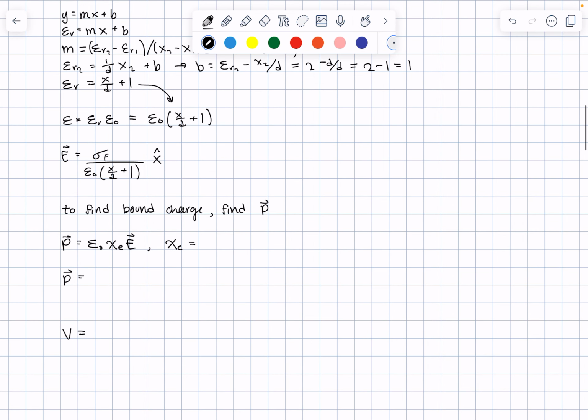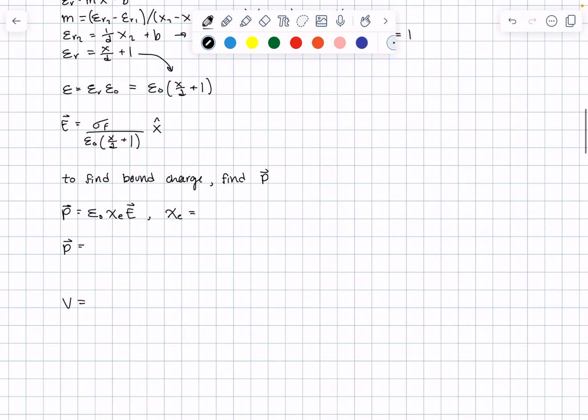Now to find the bound charge, we're going to need to find our polarization. And our polarization is defined as epsilon naught times our electric susceptibility times our electric field. And our electric susceptibility is going to be equal to our epsilon R, dielectric constant, minus 1.